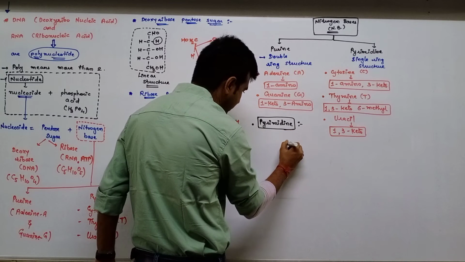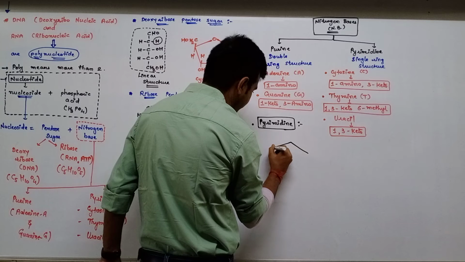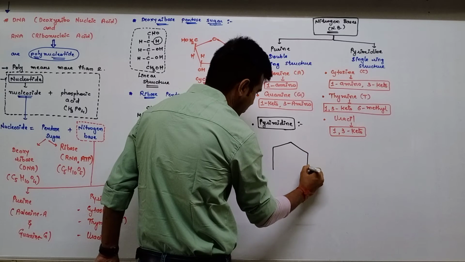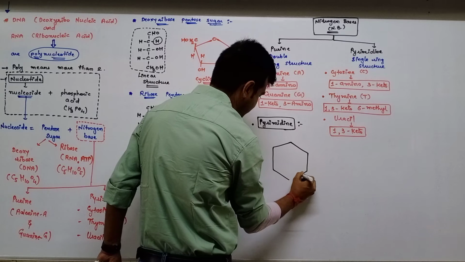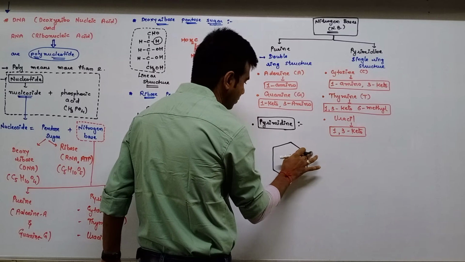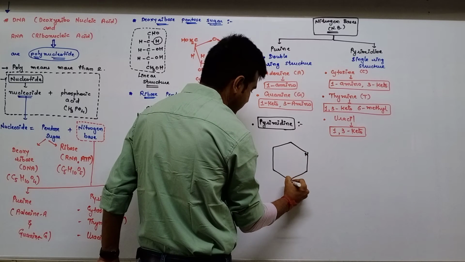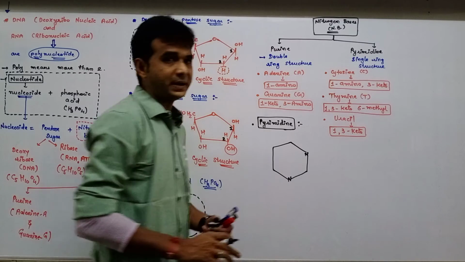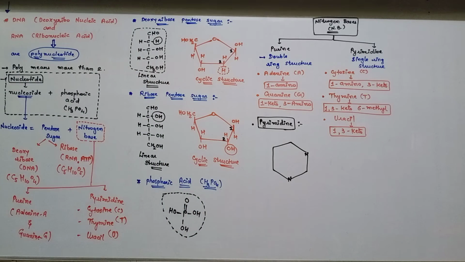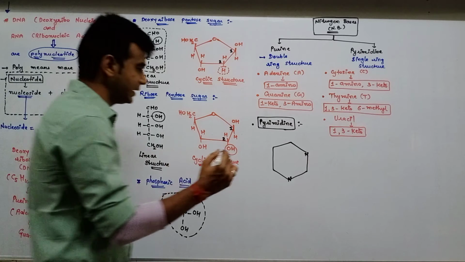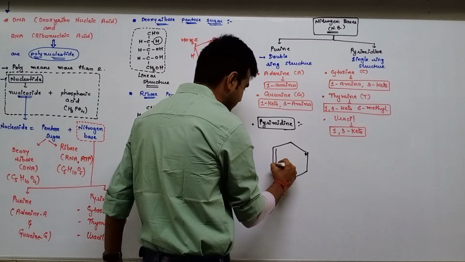So here you have to draw the hexagon. On the hexagon, on this nitrogen is there, and here also nitrogen is present. The remaining places are carbon. Fine, and always the fifth and sixth carbon has a double bond.